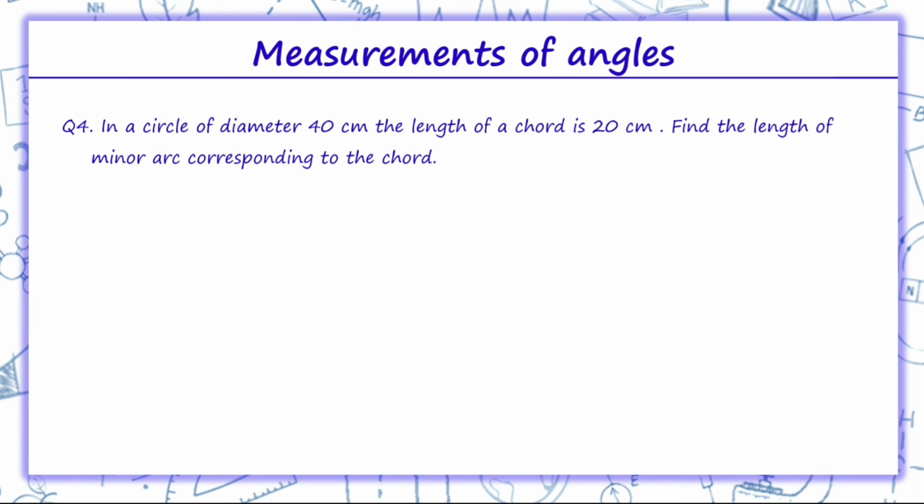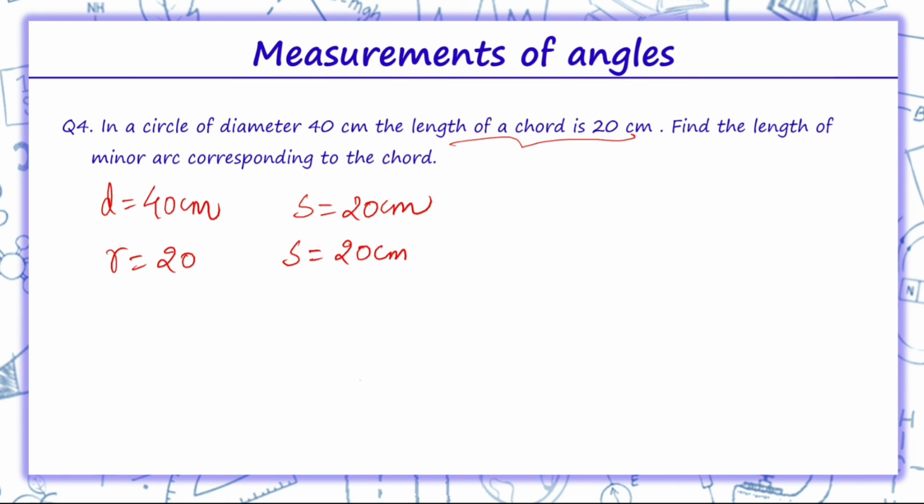Now the question is, in a circle of diameter 40 centimeter, the length of the chord of a circle is 20 centimeter. We have to find the length of the minor arc corresponding to the chord. So diameter is 40 centimeter, that is radius over here will be 20 centimeter. Now the length of the chord is also 20 centimeter.